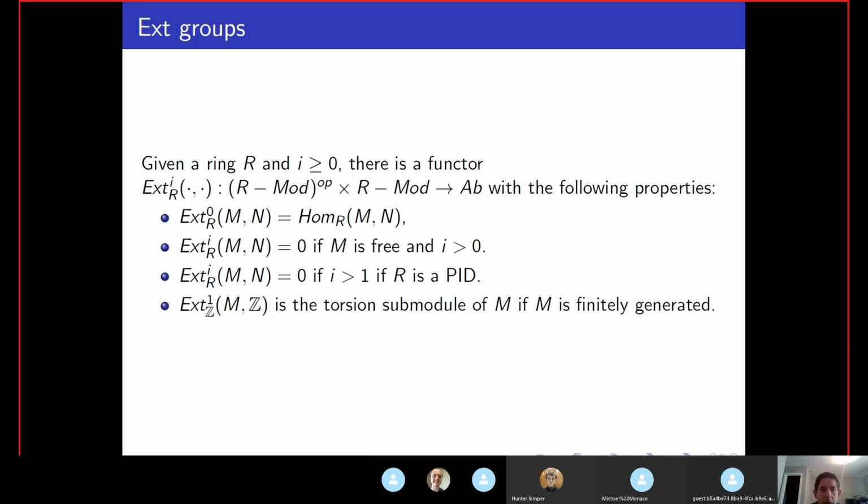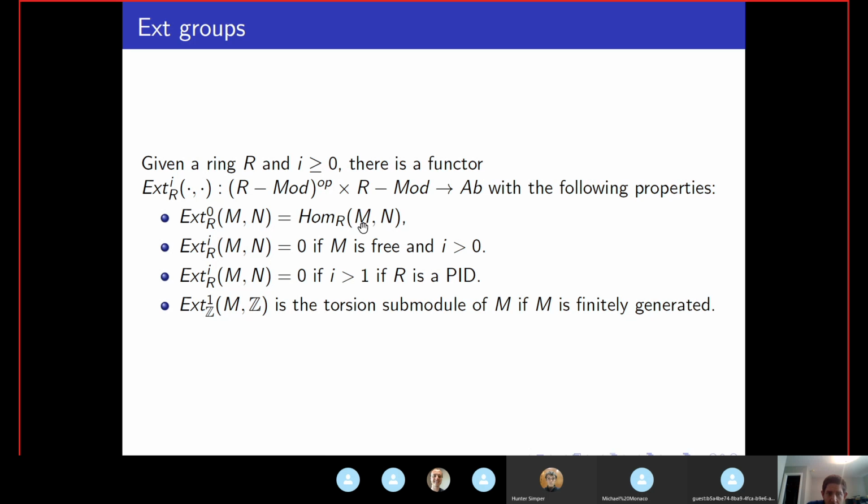If you fix a ring R and a non-negative integer I, the Ext groups are functors in two variables, contravariant in the first variable, covariant in the second variable. There's a 20% chance I got that flipped.